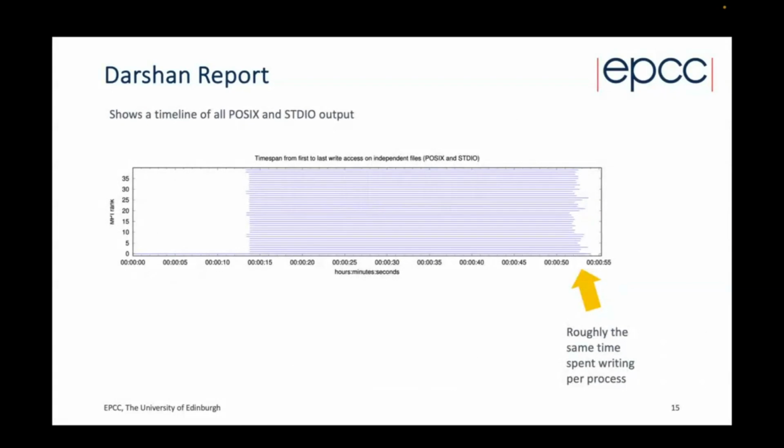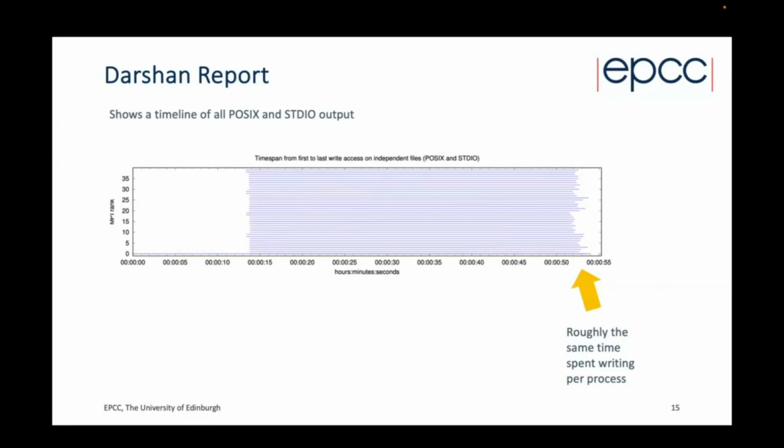And you can also see a timeline of all the write and read operations per rank. The x-axis is time, and the y-axis is the rank. Each time you get a line, it means that the rank is doing some read or write operation.